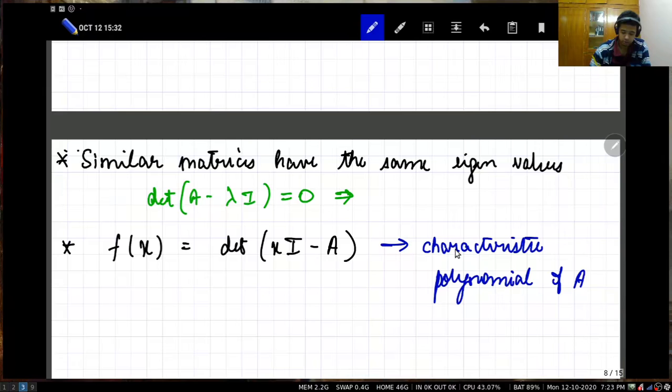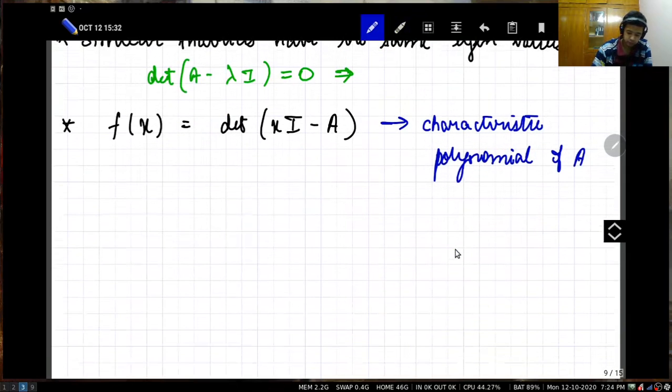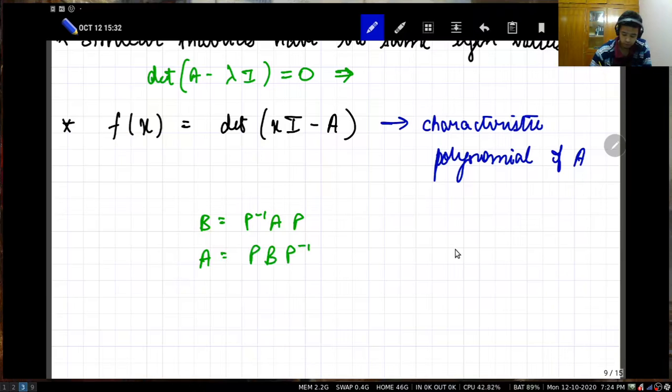So since B is equal to P inverse AP, we have B equal to P inverse AP, or A is equal to P B P inverse.